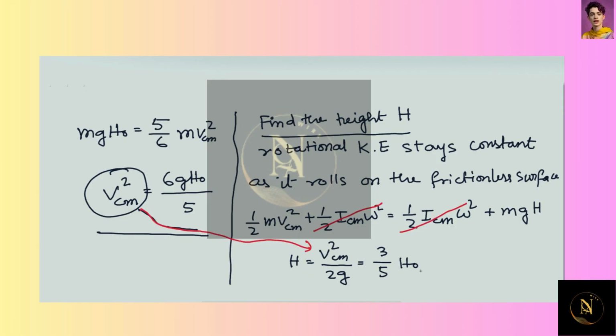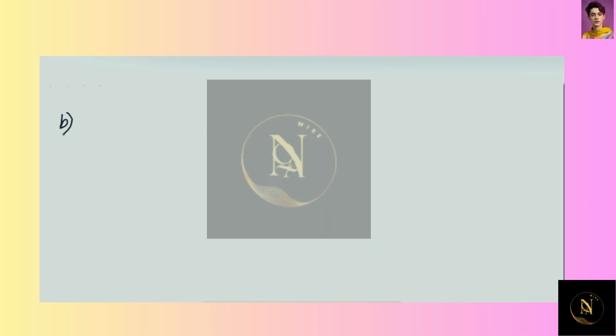So some amount of potential energy has been converted. Now we can easily say that since it was a rough surface, that potential energy has been converted to rotational kinetic energy, and that's why there is less potential energy at the second height.